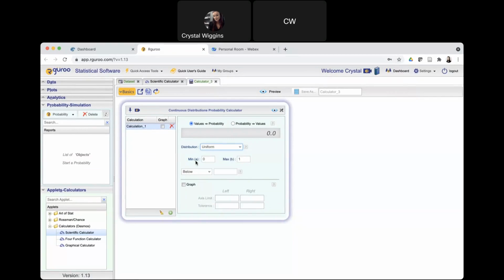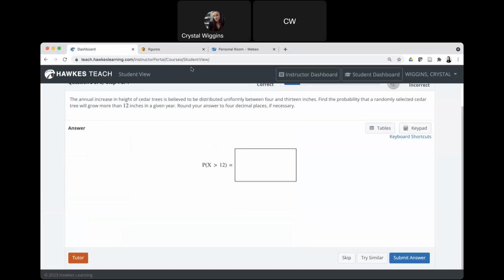Notice that they say, okay, well, what is your min, your A, the beginning of the problem? What is the end of the problem? In this case, it was 4 to 13. So the min and the max have nothing to do with the probability you're calculating. It has to do with the overall problem's min and max for the uniform distribution in total. So notice if I look back here at the Hawk's problem, it says that for this uniform distribution, it exists between 4 and 13.